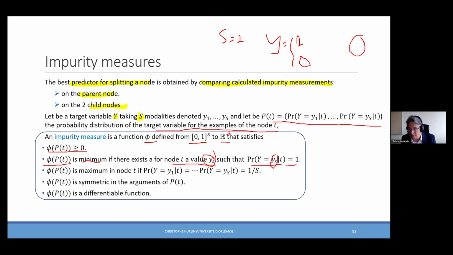What does it mean? It means that at a given node, all the people here are either 0 or 1. Then the probability that y takes the value 1 at this node is equal to 1.